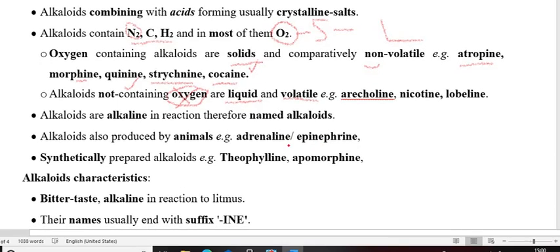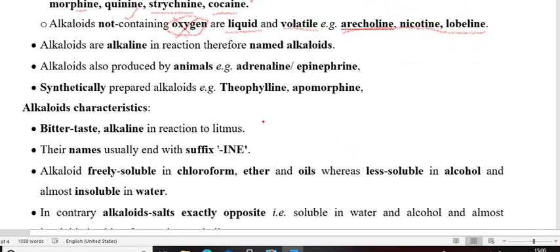Under the liquid alkaloids, the most important examples are these three: coniine, nicotine, and lobeline. So this is about the solid alkaloid and liquid alkaloid.